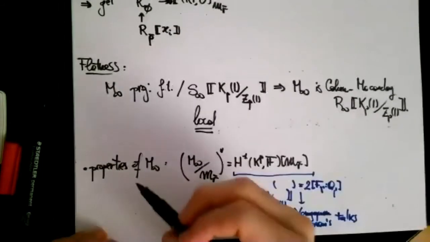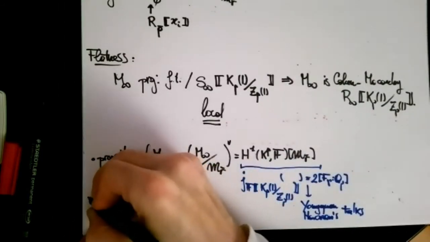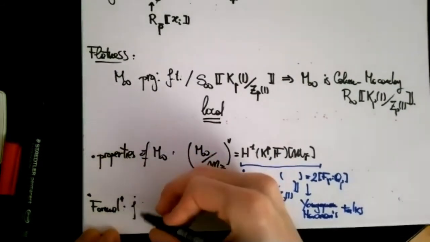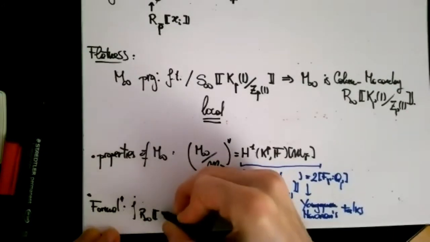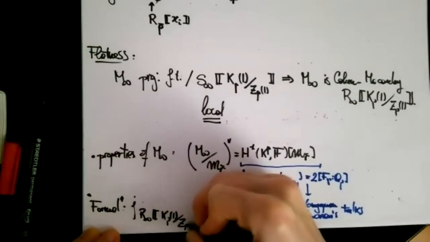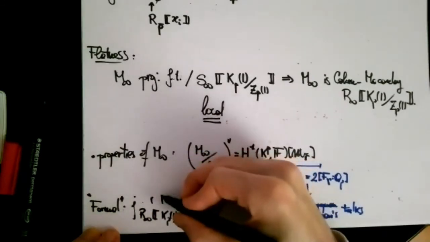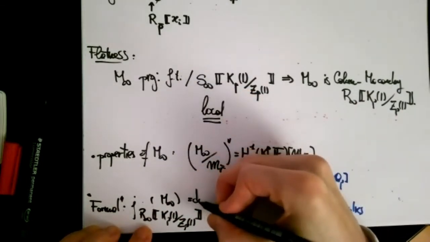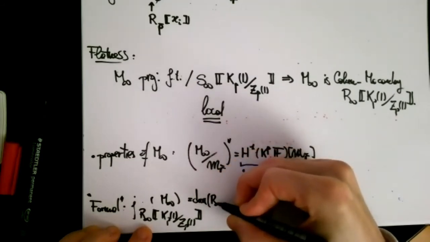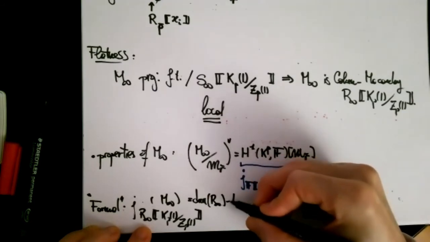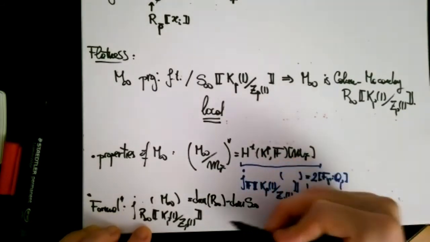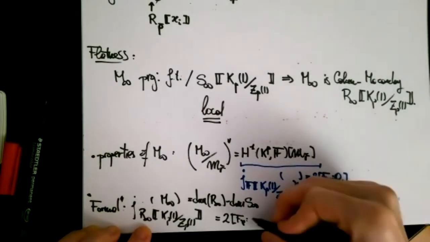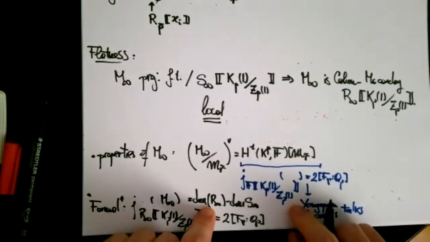All right, and also what is kind of formal is that the J R infinity double bracket KP1, ZP1 of M infinity, because of this freeness result, we know that this is equal to the dimension of R infinity minus the dimension of S infinity, which is equal to F P over Q P. But why do we know this?